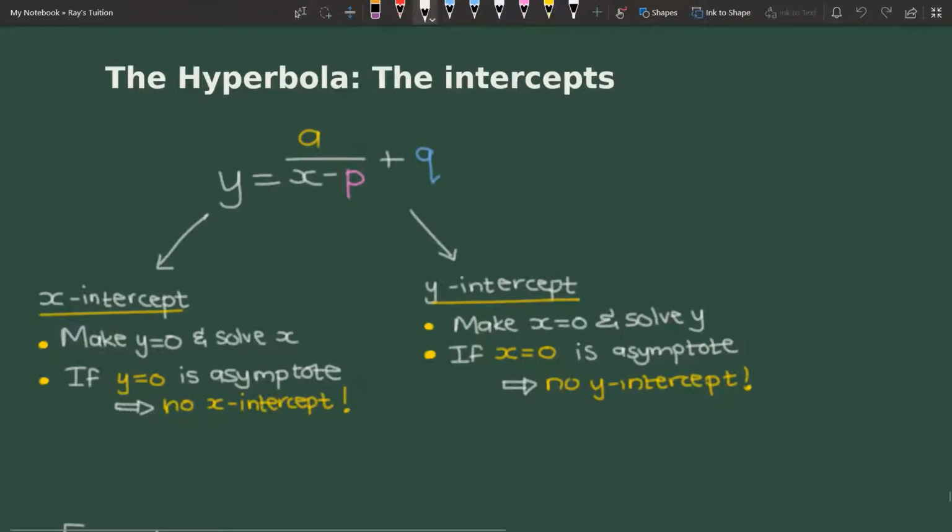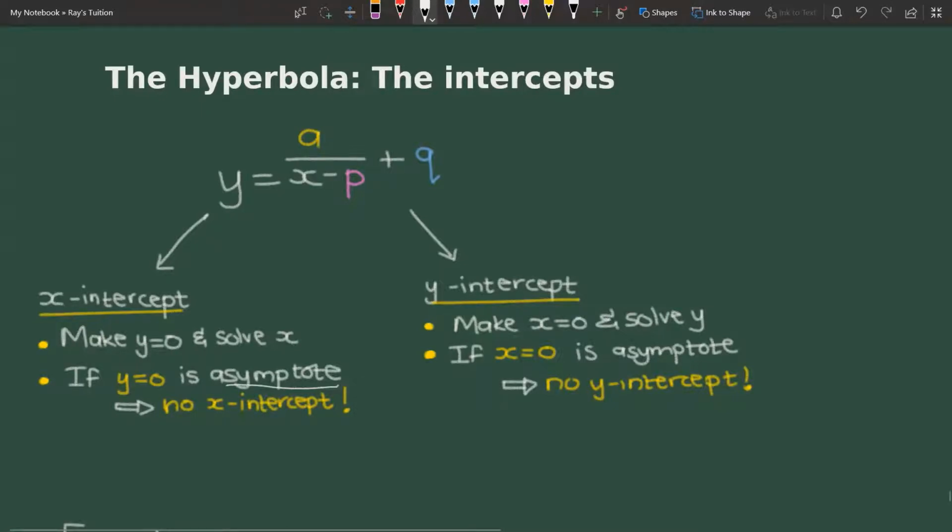Those are the steps on how to get the intercepts, and they're the same for any function, whether it is a straight line graph, a parabola, a hyperbola, whatever the case is. However, what we need to note for the hyperbola is if Y equal to 0 is an asymptote. We did cover what an asymptote is in the previous video, and please have a look at that.